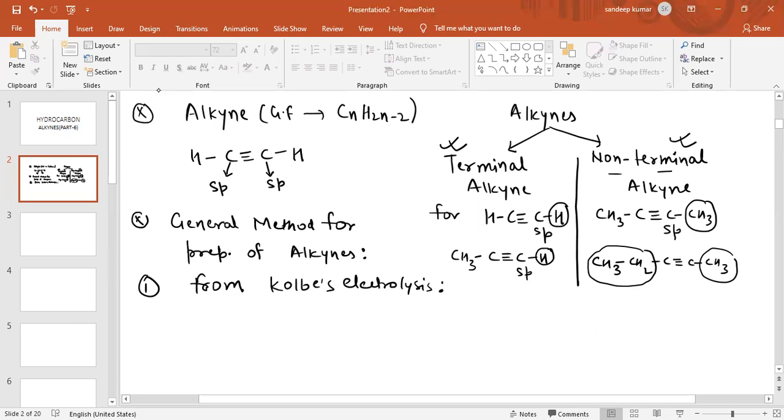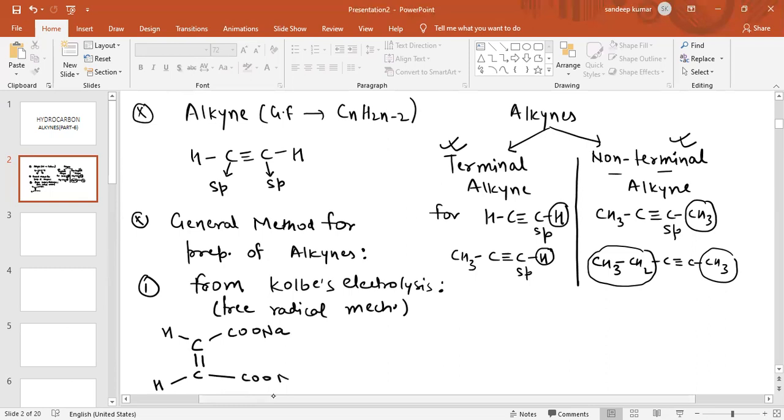Kolbe electrolysis is based on a free radical mechanism. For example, if a compound is given like this, C double bond C, with hydrogen present on this carbon and on the other carbon, and COONa on each.